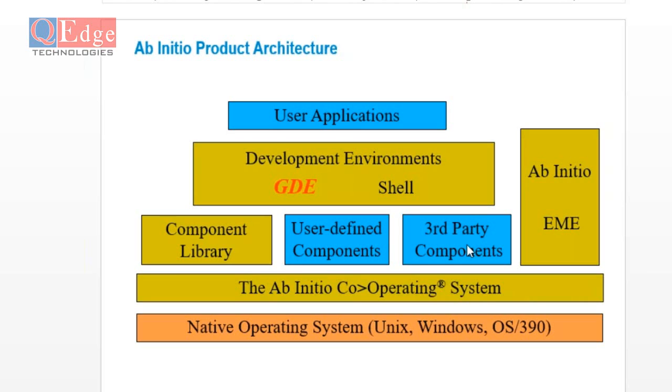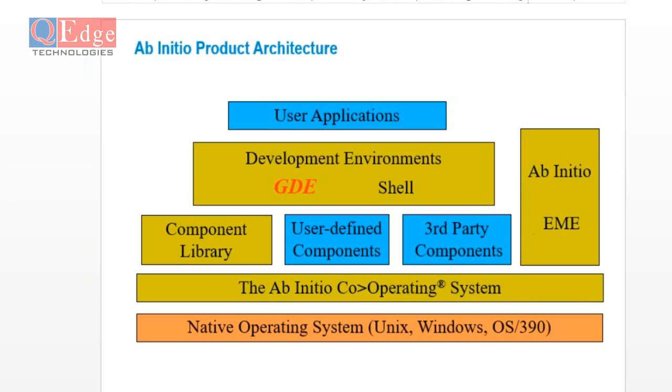So they have created another folder called the third-party folder. Under that folder you can see all the software components, SAP or Salesforce components, or the Excel component. You can get all those components under the third-party components.